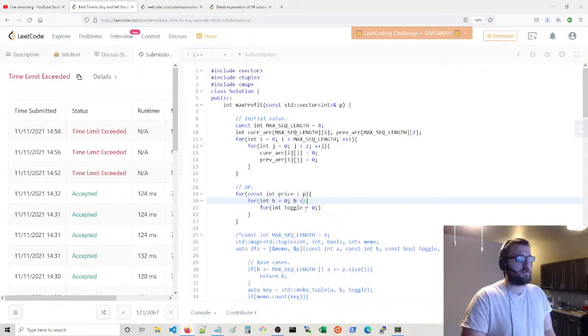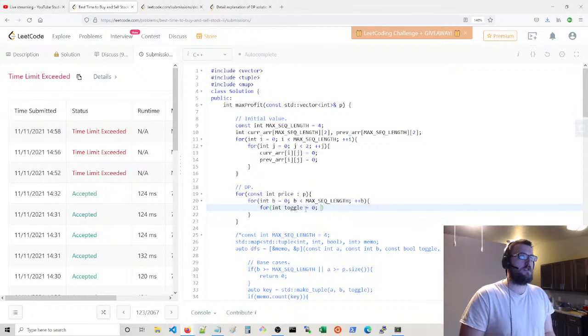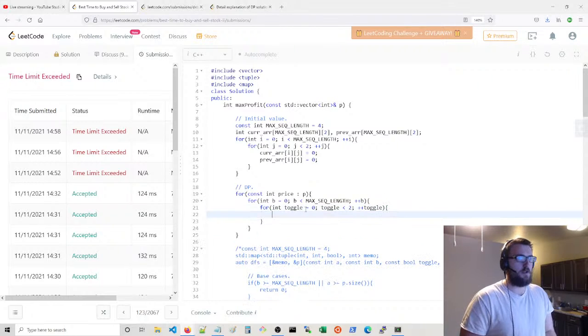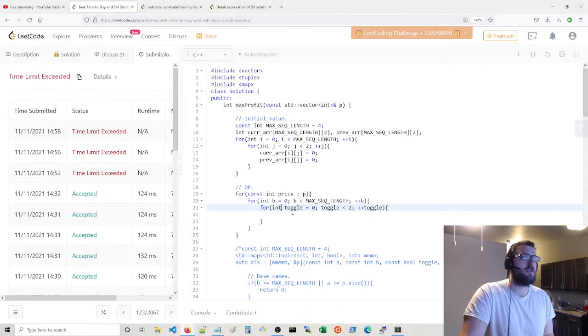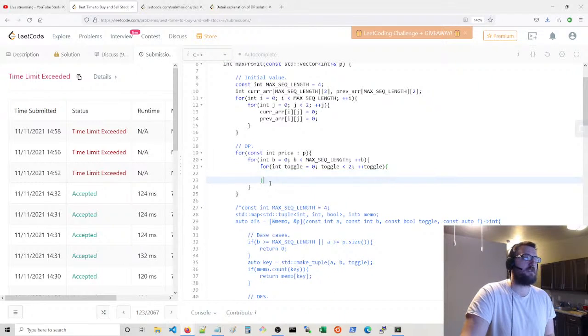And then B is going to be from 0 to max sequence length, increment B, and then toggle is going to be less than 2. I'm going to update toggle appropriately. So toggle actually could be, yeah, it's fine. Use integer. It's okay.